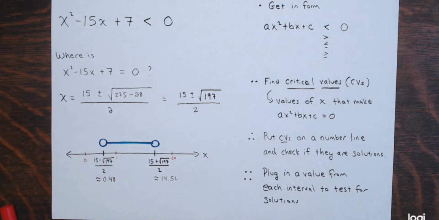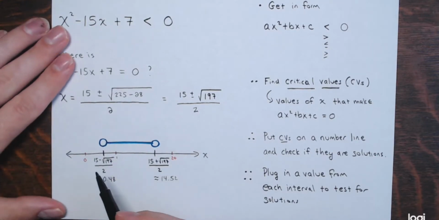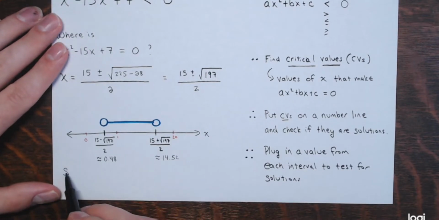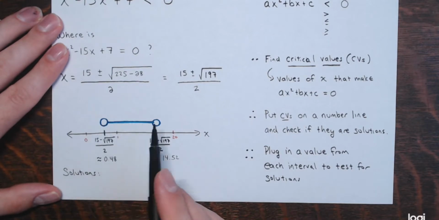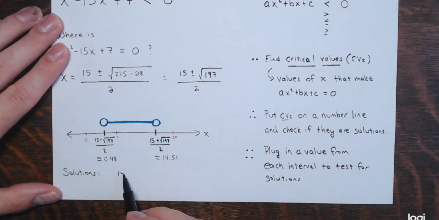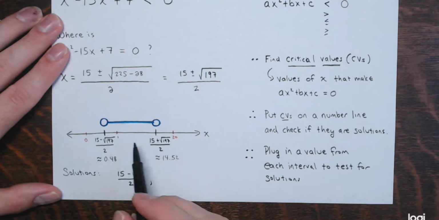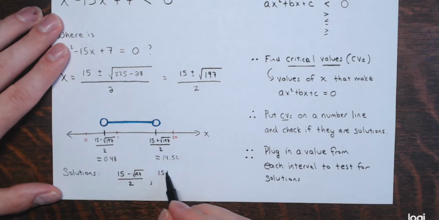And then in interval notation, the solutions go left to right, low to high all the time. This piece of solution starts at 15 minus the square root of 197, all divided by 2, comma, up to 15 plus the square root of 197, all divided by 2.